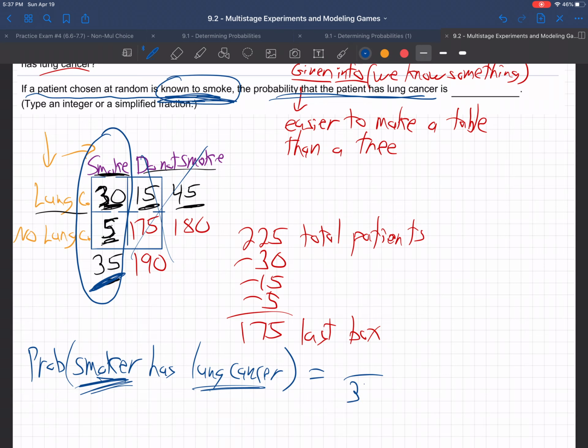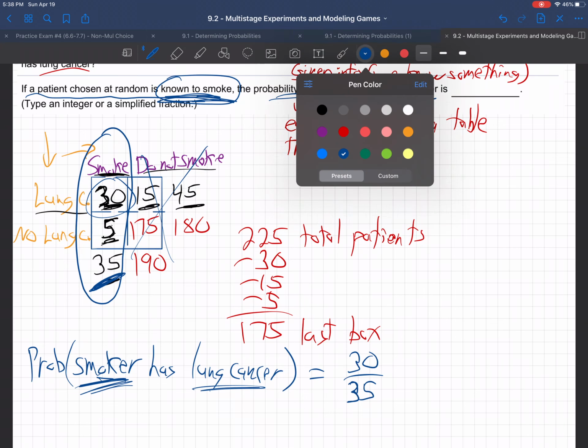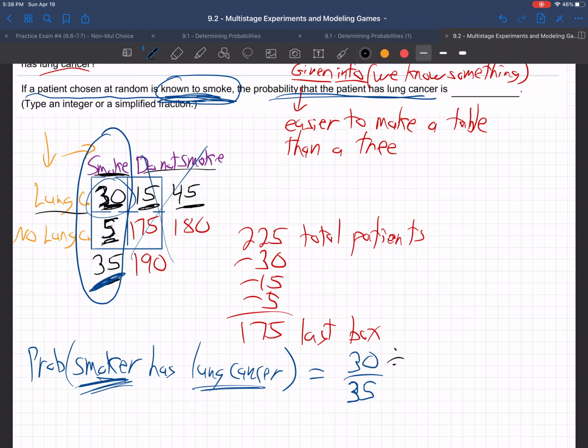Out of the 35 smokers, how many actually have lung cancer? 30. 30 out of 35. Now we reduce that fraction, divide top and bottom by 5, and we get 6/7. So the probability is 6/7.